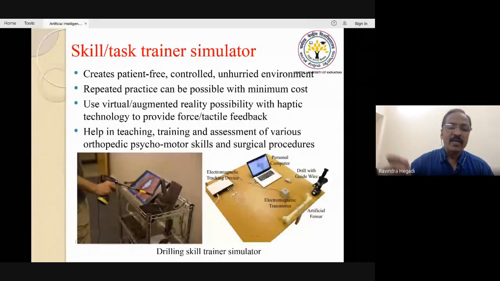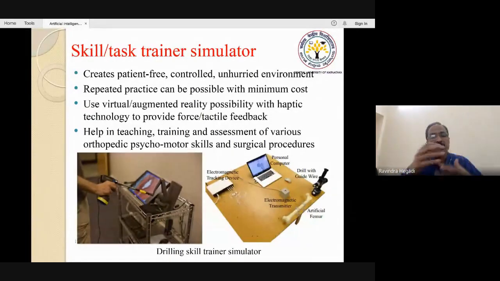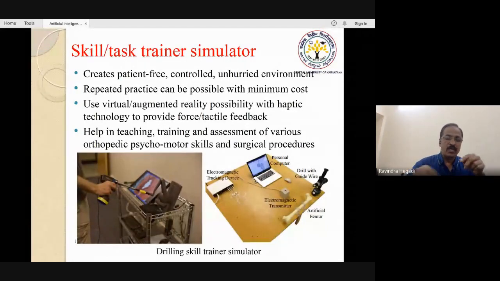Likewise, when you apply different types of force, the drilling effect on an actual patient will be different. Suppose you are drilling on the leg, it can drill entirely through and go into the other part. You must have that feeling, no?